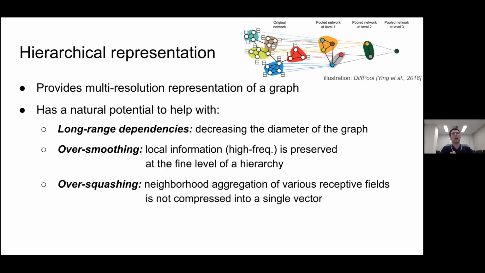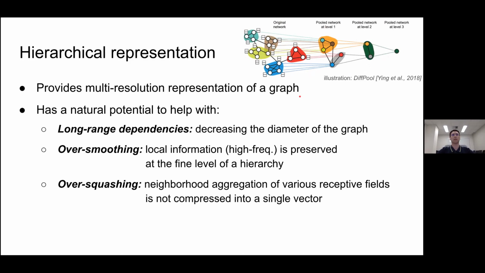By hierarchical graph neural networks, I understand that we are going to have a multi-resolution representation of the original graph, such as the example here from DiffPool, where we have the original graph that then has pooled some of these neighborhoods together into nodes on the next level and so on. And this way we have a multi-resolution representation of the graph.